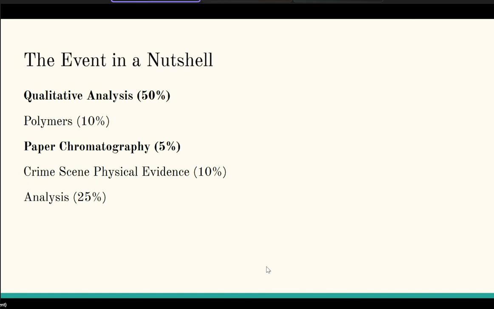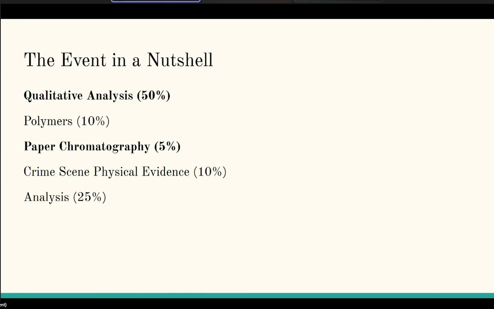But for this meeting, we're only going to go over fingerprints. There's also regular analysis, which is just the end and how you're supposed to answer everything. Essentially, the remainder of the crime scene physical evidence will be dealt with next week. So this is going to be a pretty short meeting.